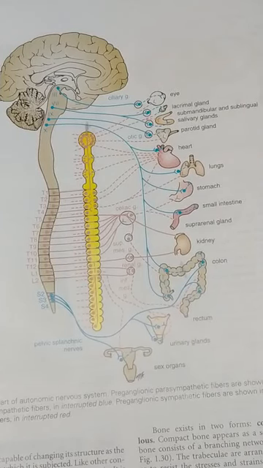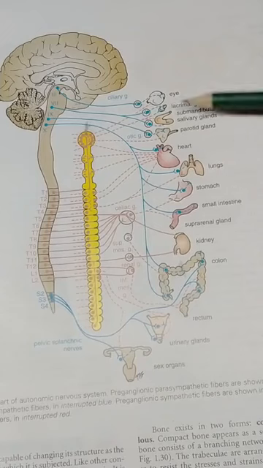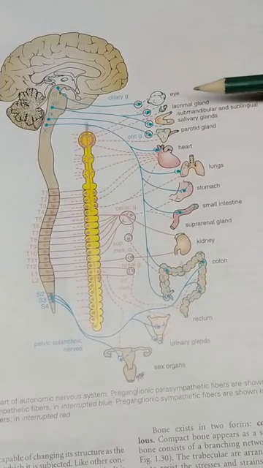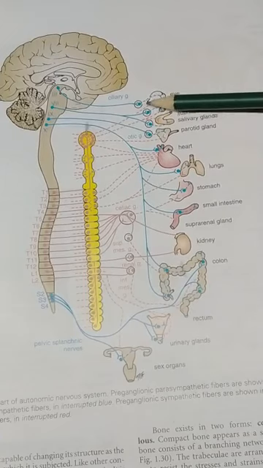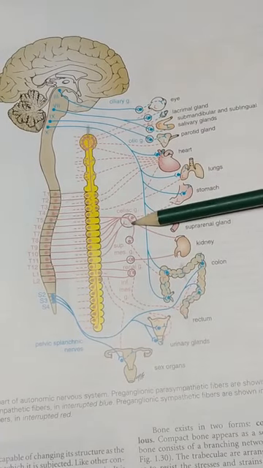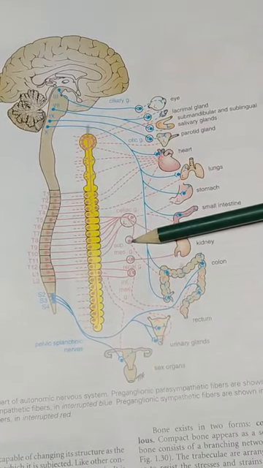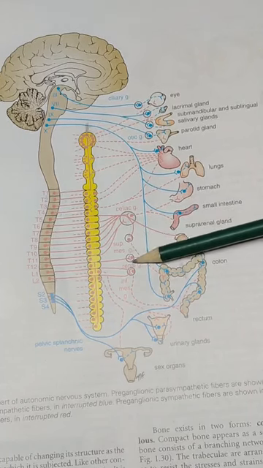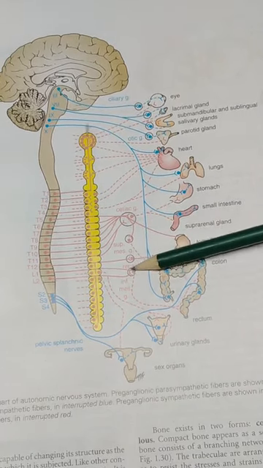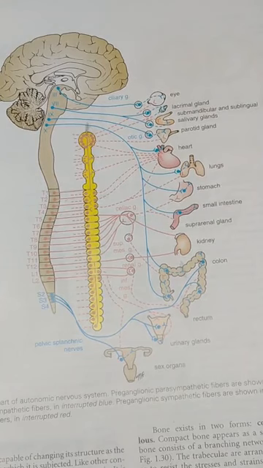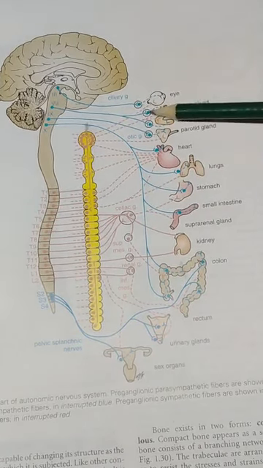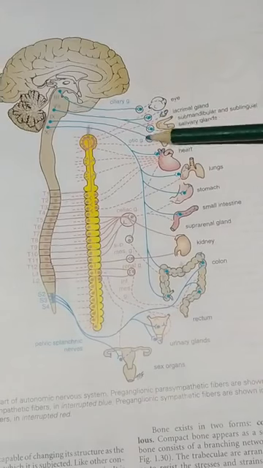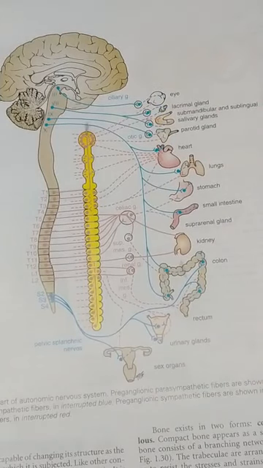Parasympathetic ganglia. Okay, so do not be confused with the ganglia here. These are parasympathetic, while these are the celiac ganglion, superior mesenteric ganglion, inferior mesenteric ganglion. These are sympathetic ganglia, while the ciliary ganglion, submandibular ganglion, otic ganglion are parasympathetic ganglia.